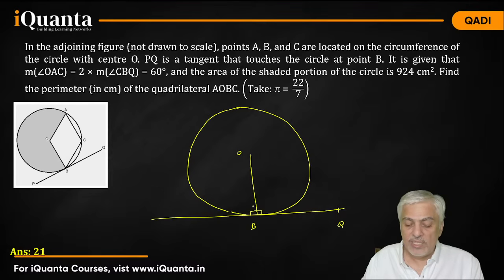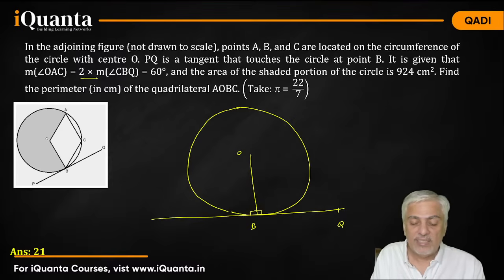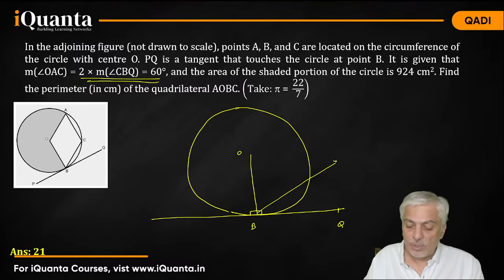And within that they had told us CBQ was 30, they told us in the question. So this is C. CBQ is 30 given. So therefore this angle becomes 60.